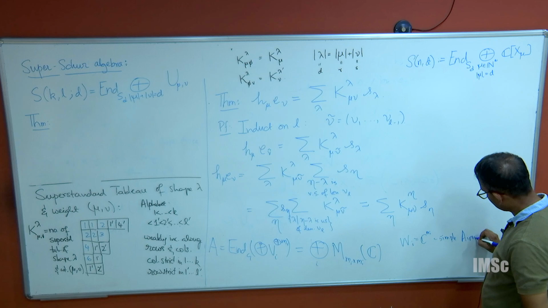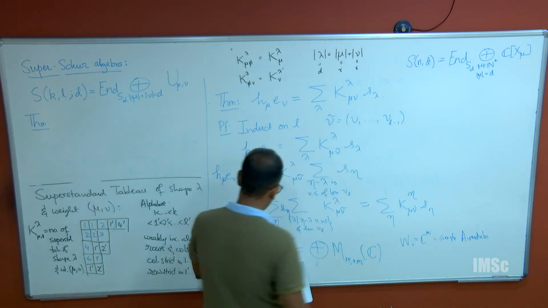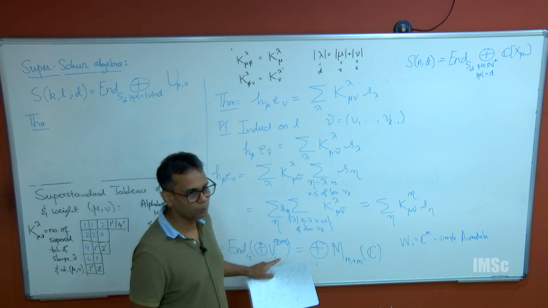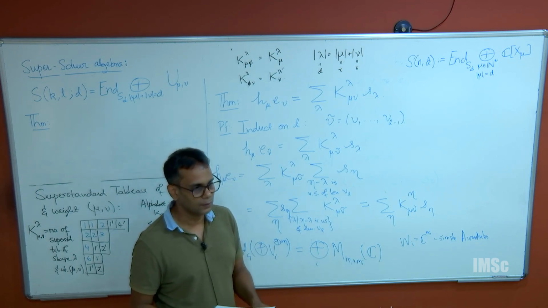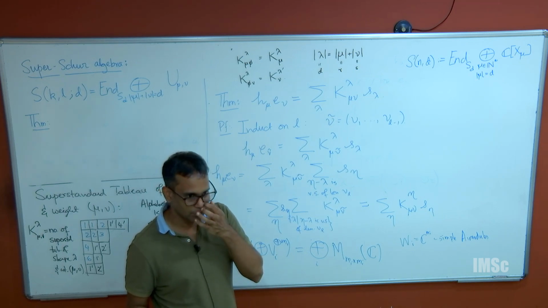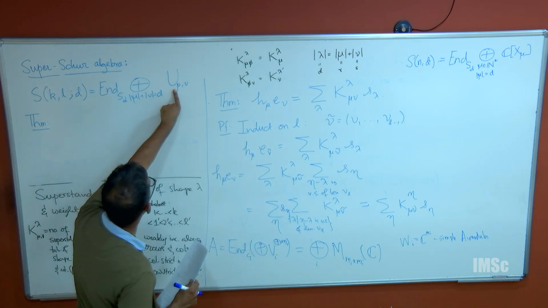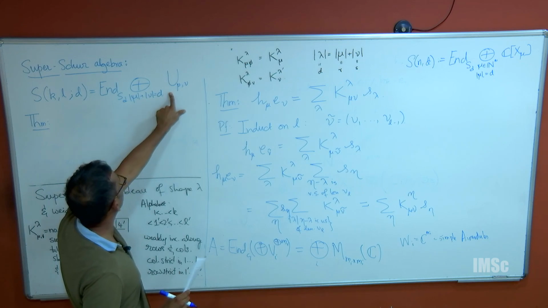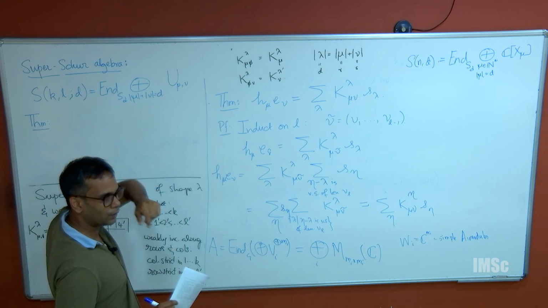So what you get is that the simple A modules are in bijection with the simple modules which are in the decomposition, and the dimension of the simple A module is the multiplicity of the irreducible G representation. So, just apply the same principle here. What you have to figure out is what are the representations of SD which occur in K mu nu.